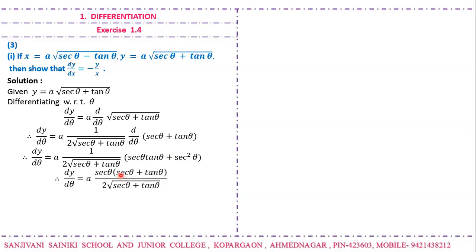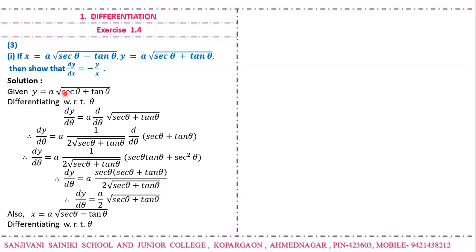Sec theta plus tan theta. Now here is 2 root of (sec theta plus tan theta), and here is only sec theta plus tan theta. So this sec theta plus tan theta can be written as root of (sec theta plus tan theta) into root of (sec theta plus tan theta), so that one root will cancel, and what you get? a by 2 root of (sec theta plus tan theta).